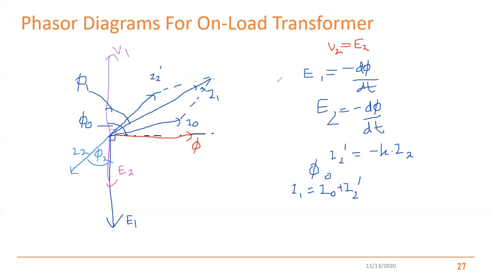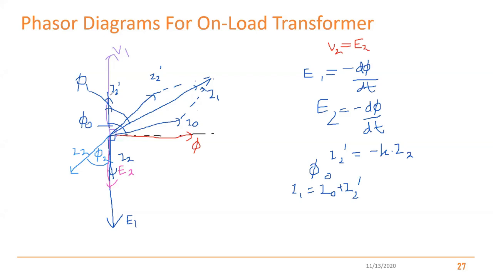If the load is resistive, the secondary power factor angle is 0, which means the I2 phasor should be in phase with E2. Therefore I2 dash should be this.